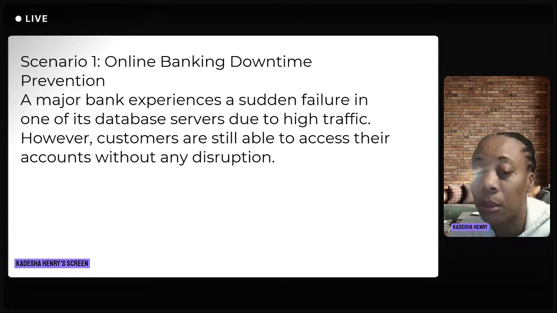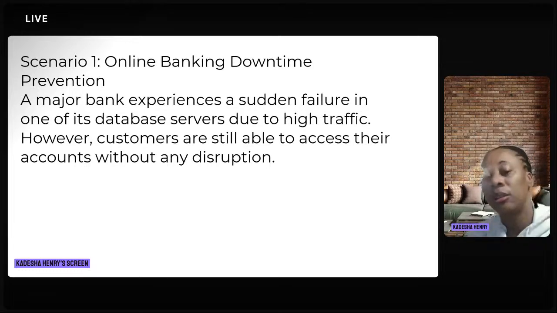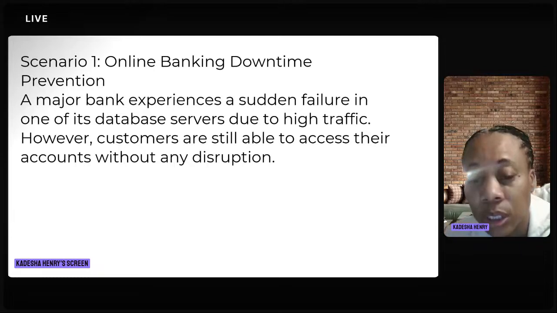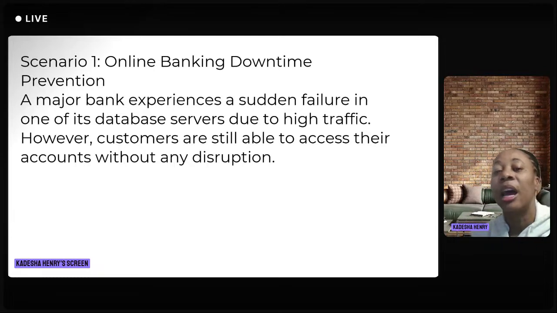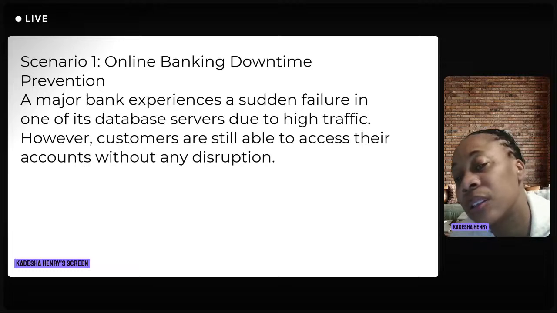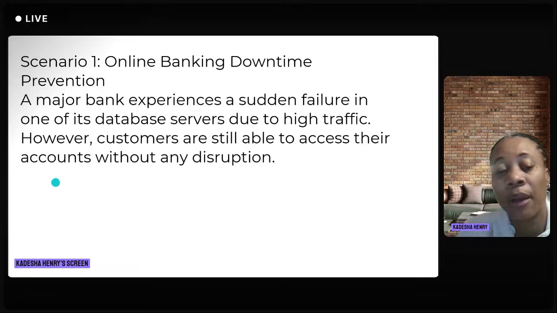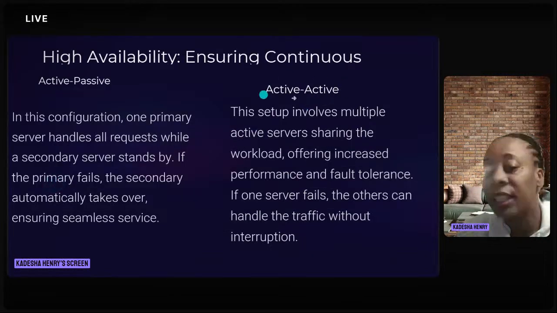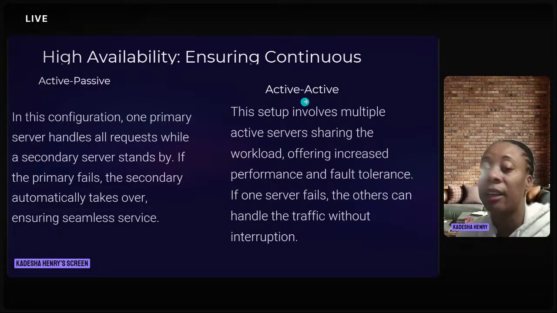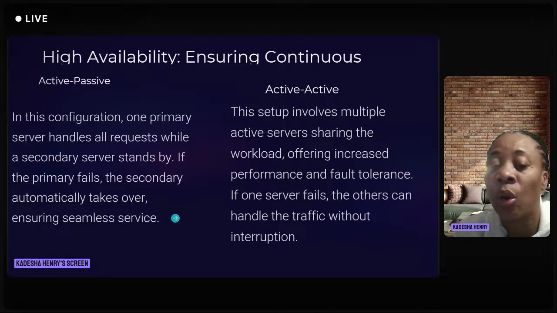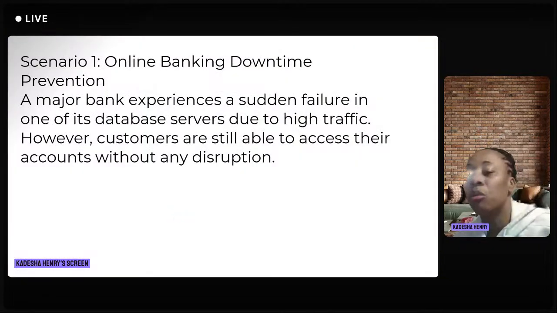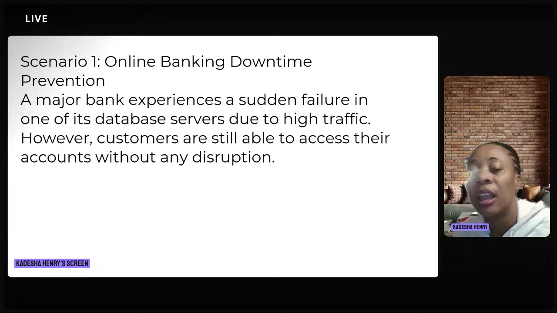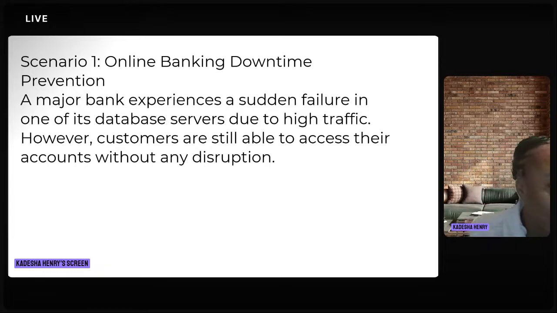Why were they able to continue without any disruption? It's likely that they have an active system in place. They have several systems running at the same time that take over the load, so no one even recognizes that something had failed.